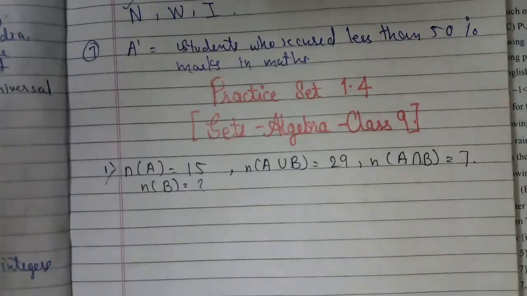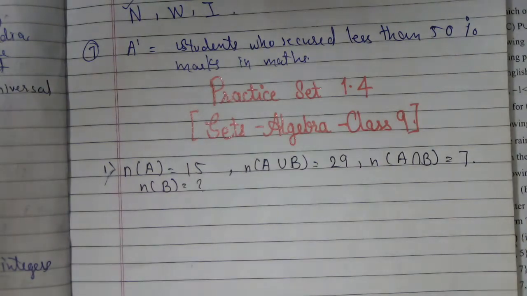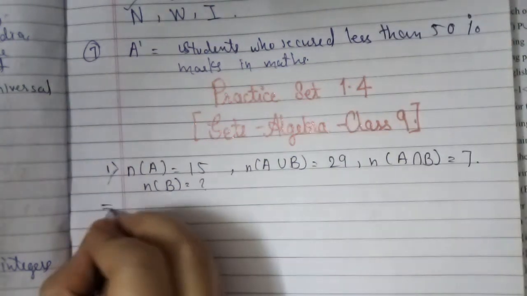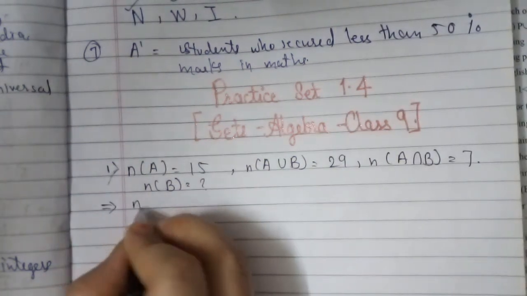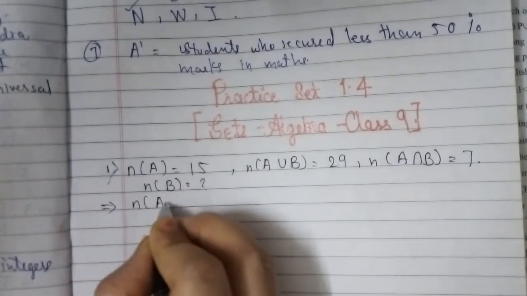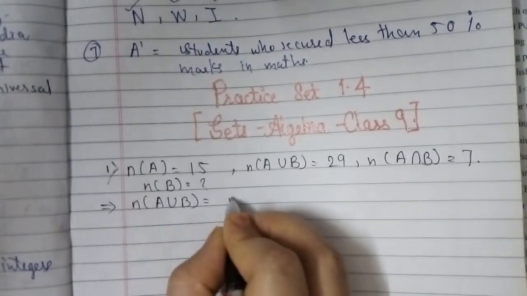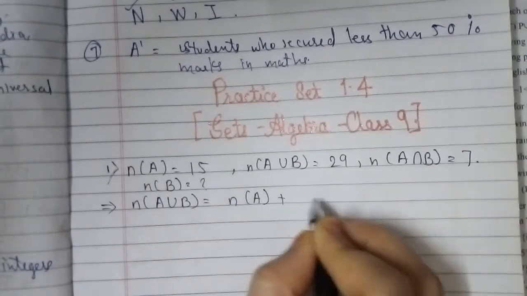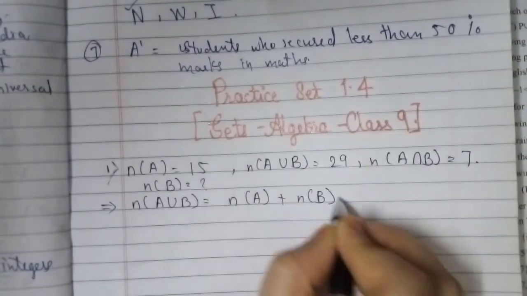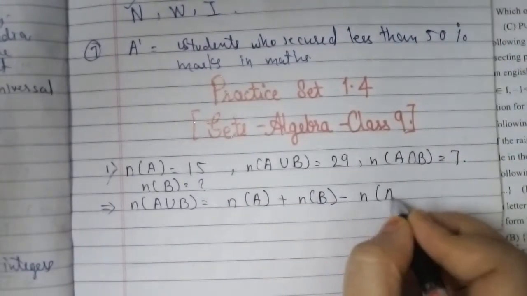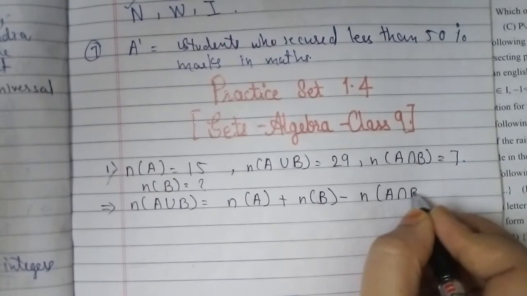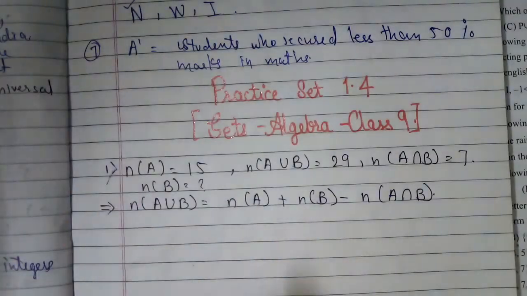So student, if you remember, just now I told you that we have one formula to find the relationship between the sets: the number of elements in A union B is equal to the number of elements in A plus the number of elements in B minus the number of elements in A intersection B. Now we simply put in all the values given in the question.